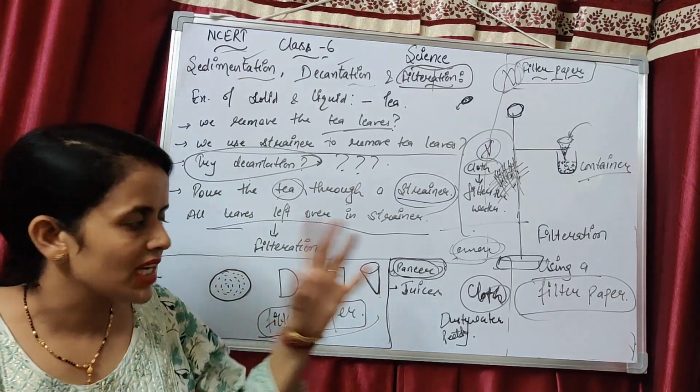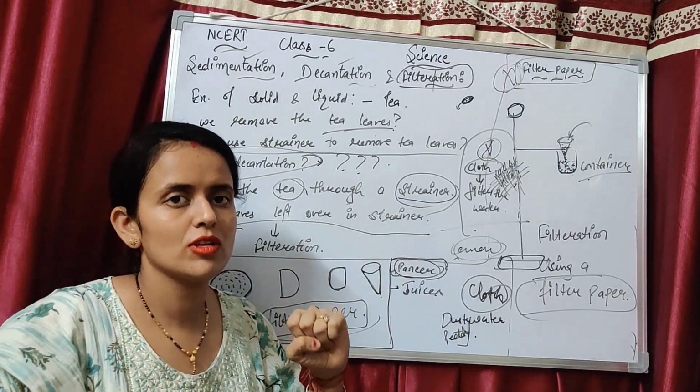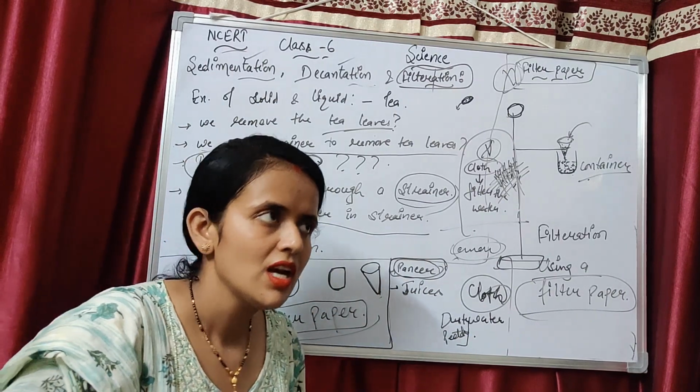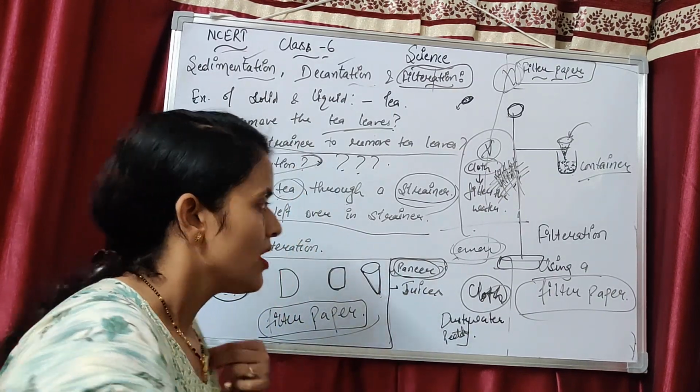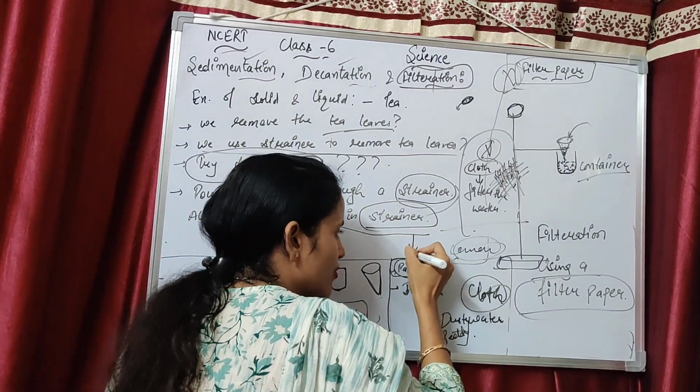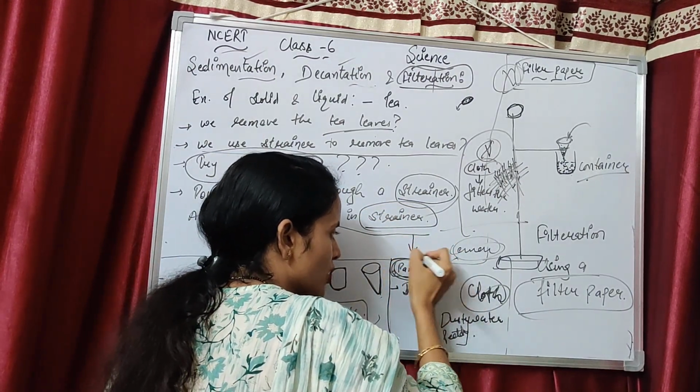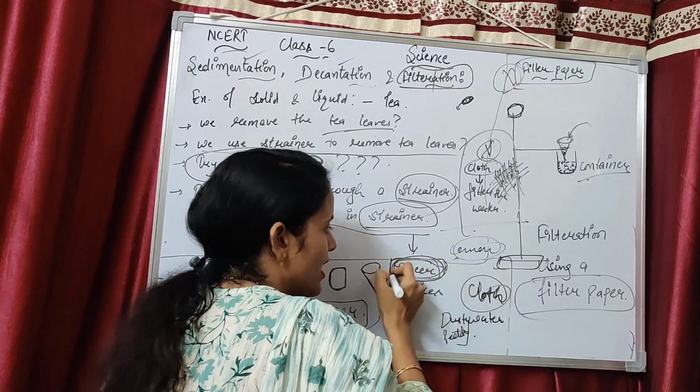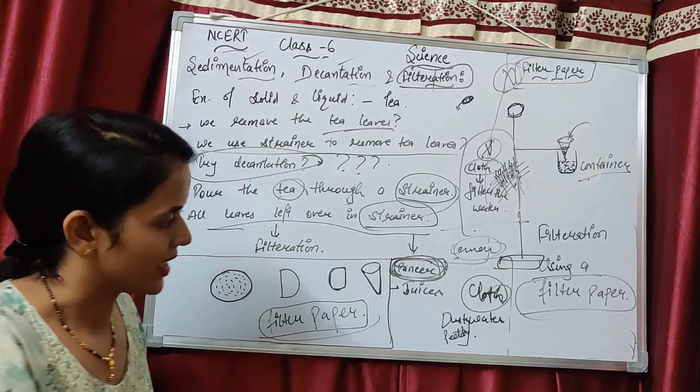We strain this through a cloth or a strainer, not the filter paper, so the liquid falls down and only the semi-solid paneer is left, and we get the tasty paneer.